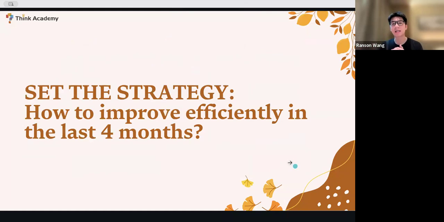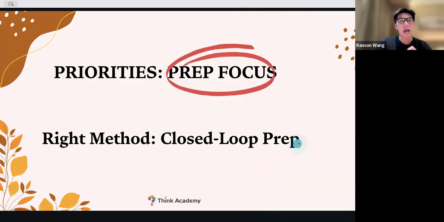Then with this goal in mind, we have to set a proper strategy. So here comes the question: how to improve efficiently in the last 4 months? Talking about the strategy, because we have limited time, we have to choose our preparation focus.